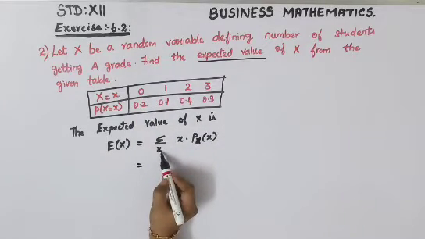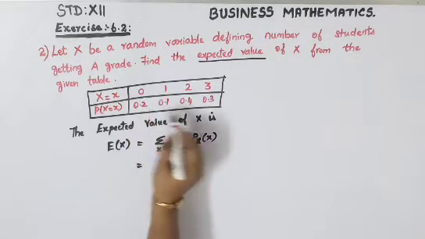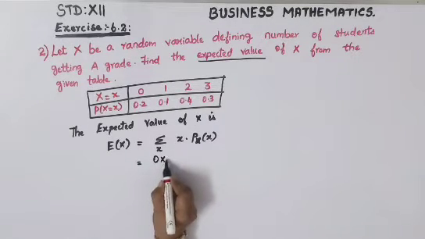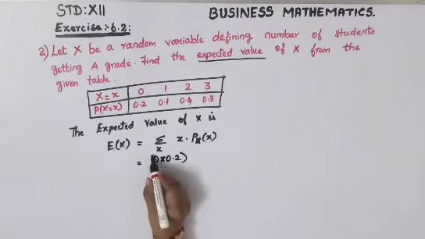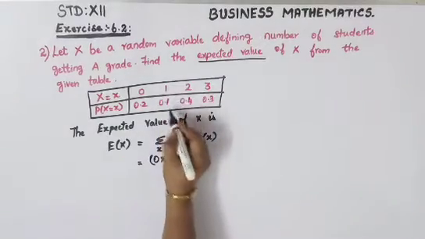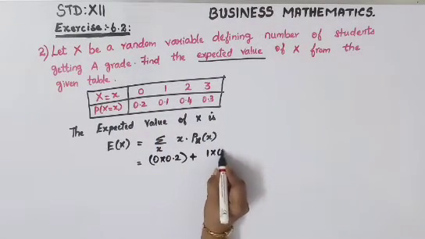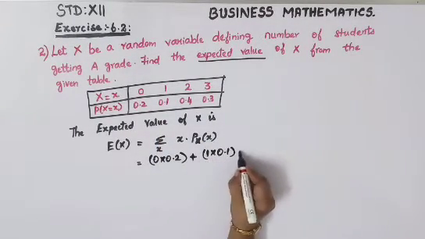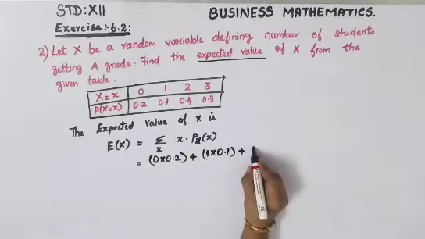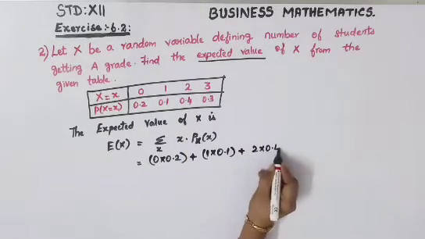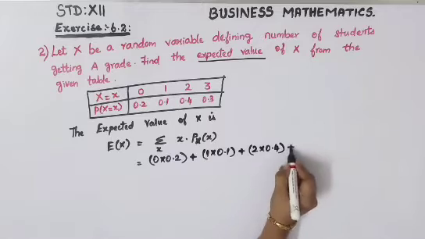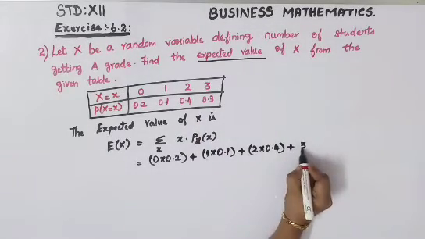Sigma is your addition. So multiply these two numbers and add: 0 into 0.2 plus 1 into 0.1 plus 2 into 0.4 plus 3 into 0.3.